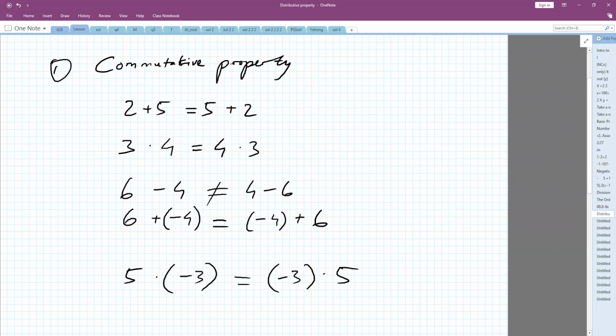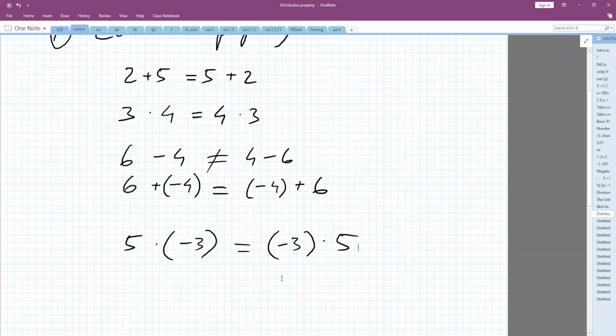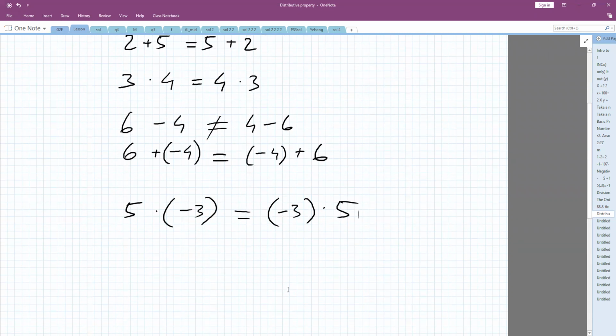So if you have a negative number here and you want to multiply it with the other numbers, that's all right if you want to swap around. Now be careful when you have division. For example, what is 10 divided by minus 2? 10 divided by negative 2 is negative 5.